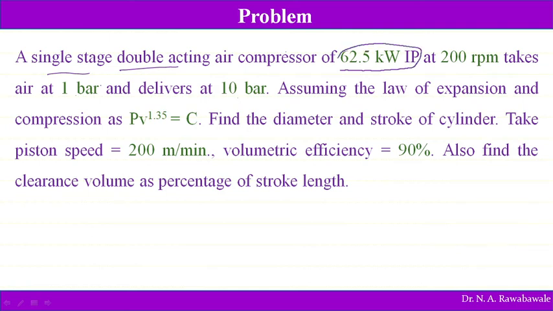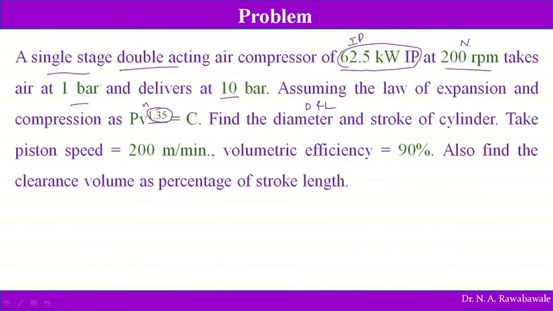Indicated power is given at 200 rpm. So N is equal to 200 rpm. Indicated power is 62.5. Takes air at 1 bar, delivers at 10 bar. Assuming law of expansion and compression is PV to the power of 1.35, means N value is 1.35. Find the diameter and stroke.